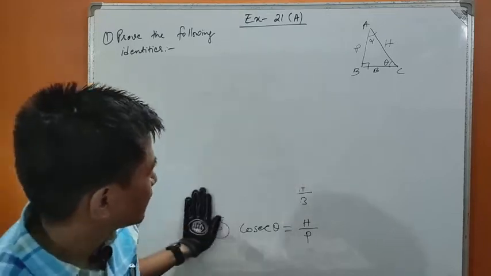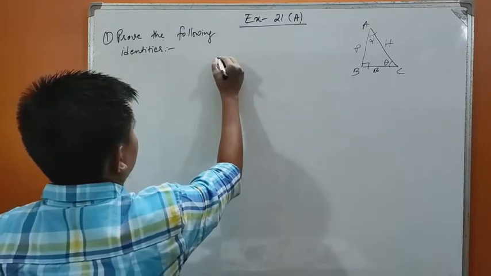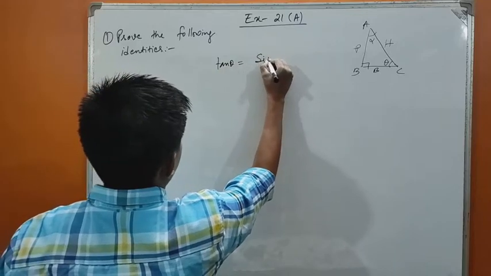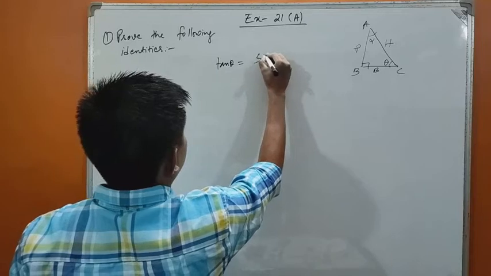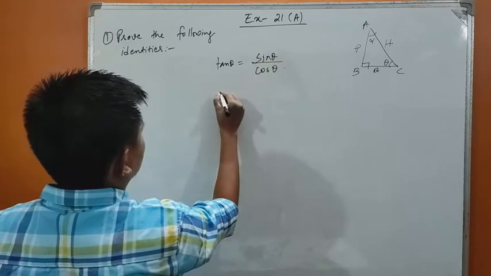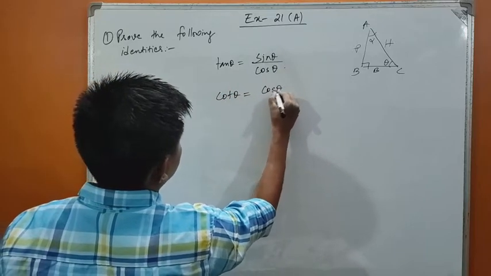Now the next one is tan theta equal to sine theta by cos theta, and cot theta equal to cos theta upon sine theta.